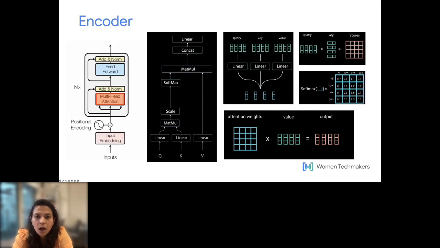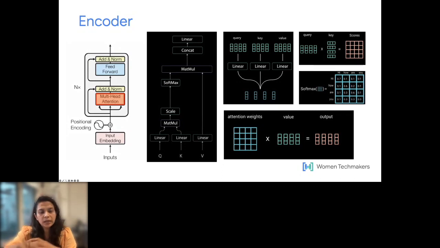So how much weight should you give to "hi," how much weight should you give to "how." This matrix is basically doing that. Now once we get our attention weights, we multiply the attention weights with the value, which gives us the encoded output. So this is the output which gets generated out of the encoder.